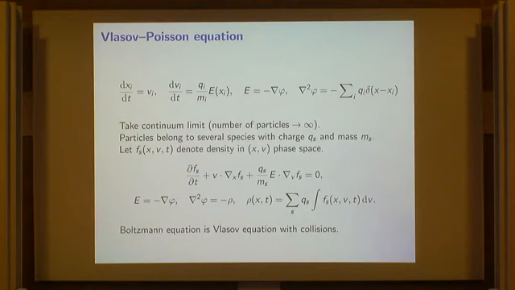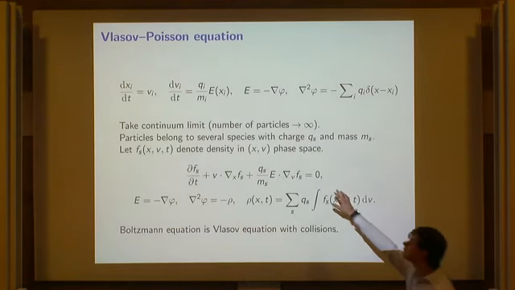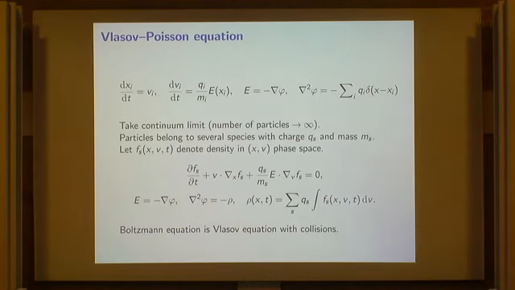In particular, if you're thinking about statistical mechanics, where you don't have a plasma, where you just have atoms flying around, then the atoms don't exert a force by themselves, and the only thing in that model is the collisions here. Then the equation is called the Boltzmann equation.